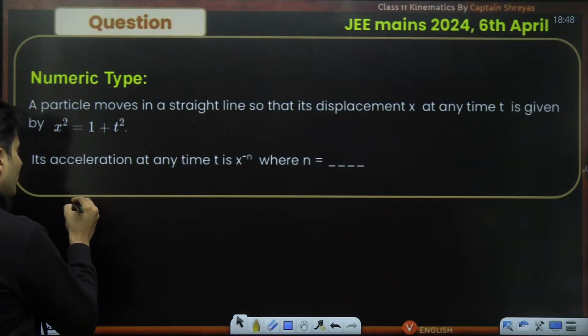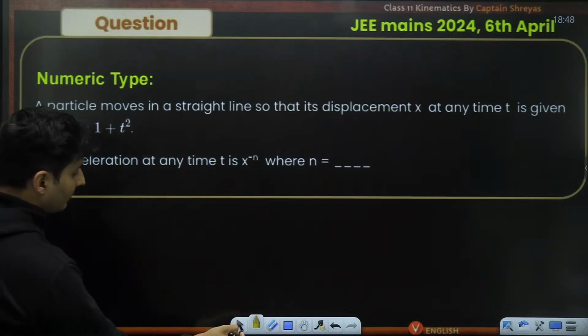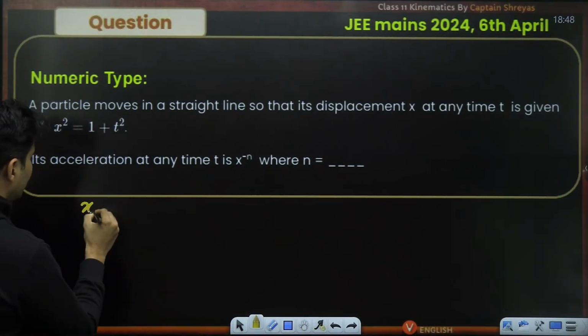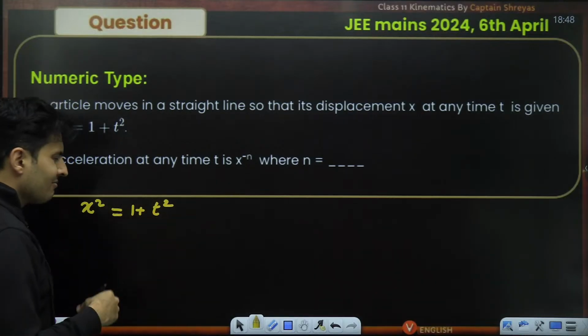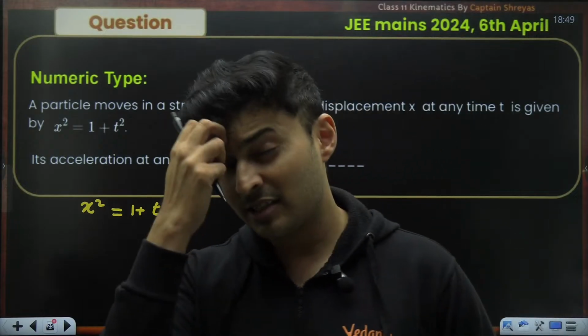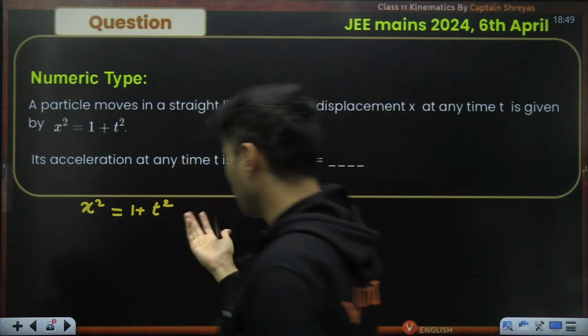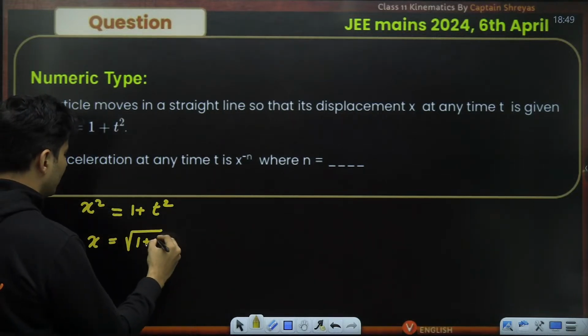If you take x square is 1 plus t square, I cannot take the derivative immediately. I mean, I need derivative of x with respect to time. But fine, I can do it like this. x is root of 1 plus t square.